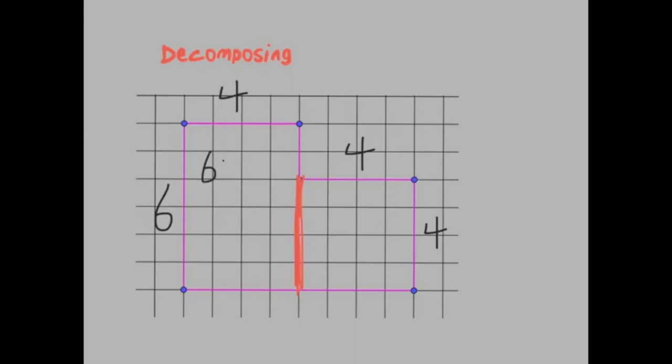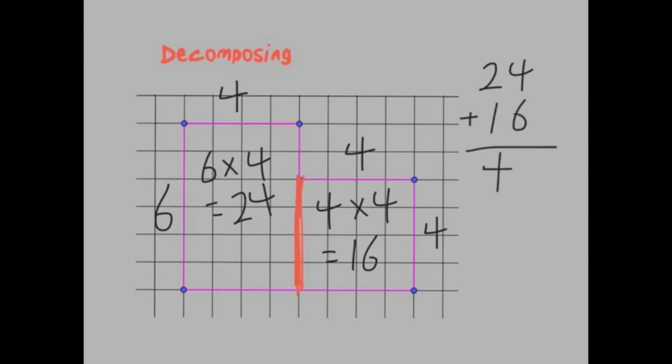So 6 times 4 equals 24. And 4 times 4 equals 16. So over on the side, I need to take these 2 areas, the one here and the one here, and add up what I have. So I'm going to have 24 plus 16, and that happens to be 40.